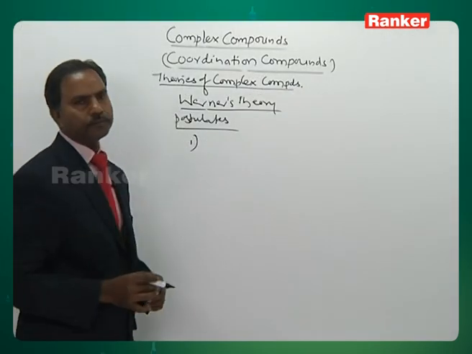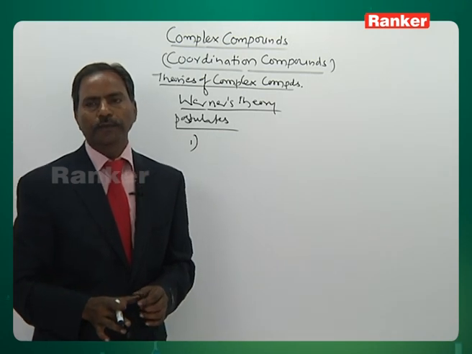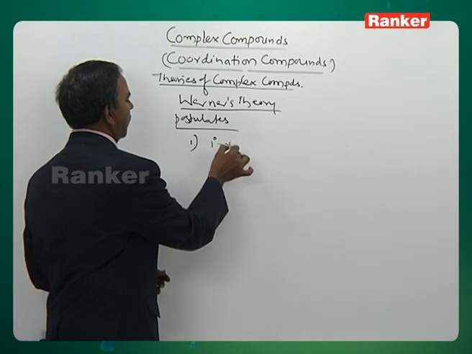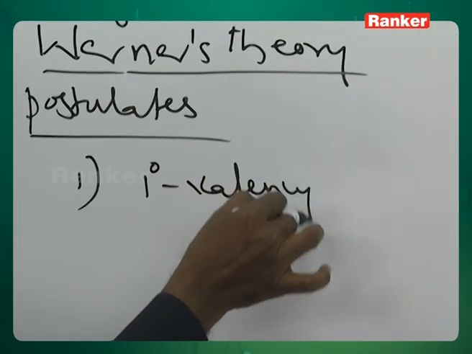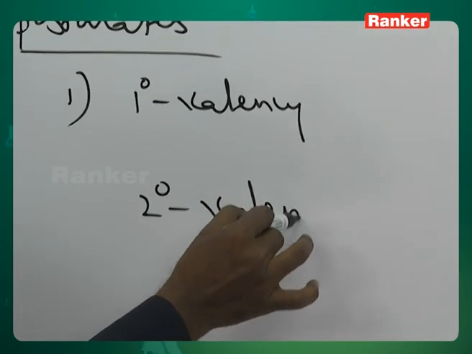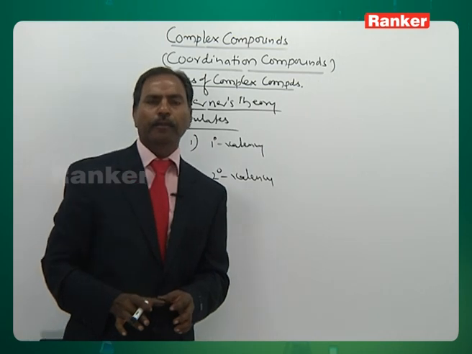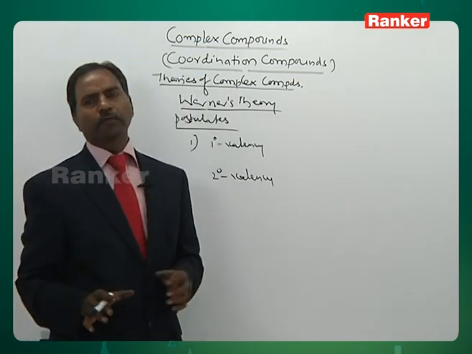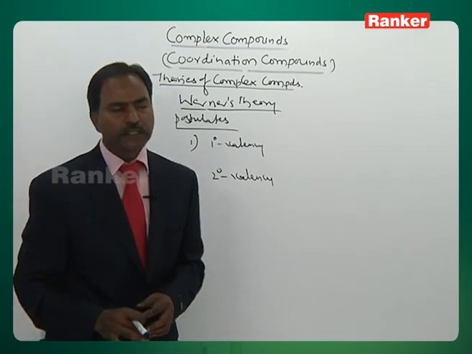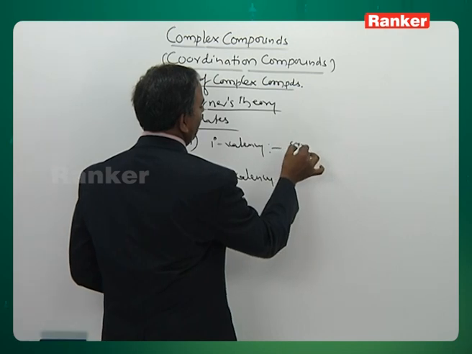First one. In metal complexes, metal ions exhibit 2 types of valencies, primary valency and secondary valency. Primary valency is equal to oxidation number.